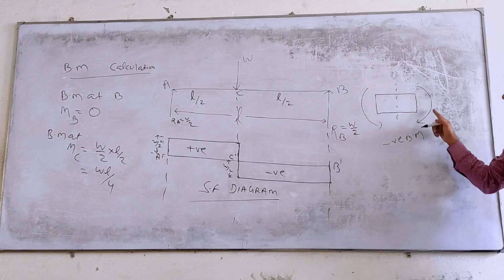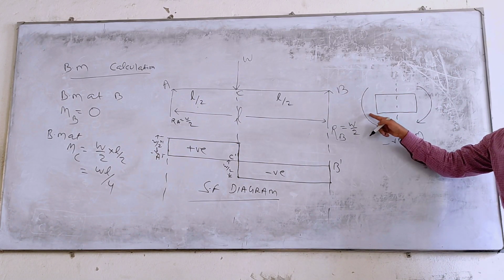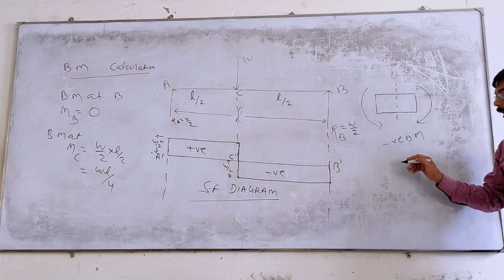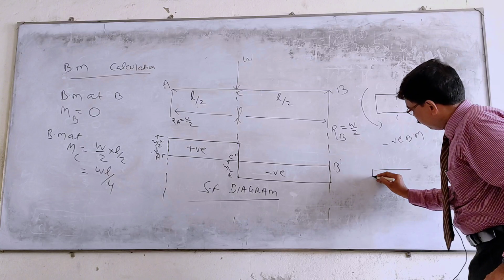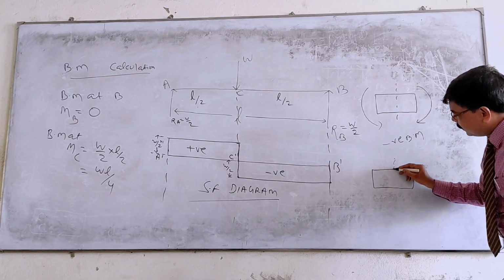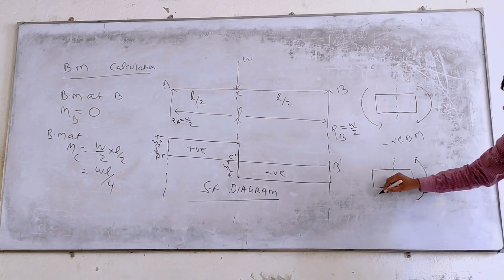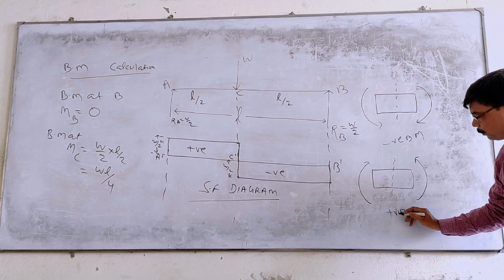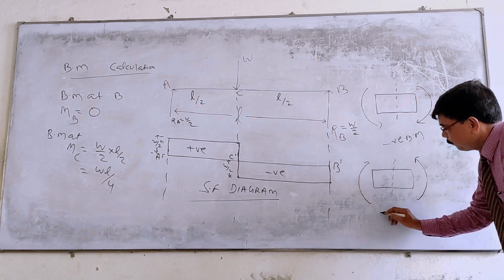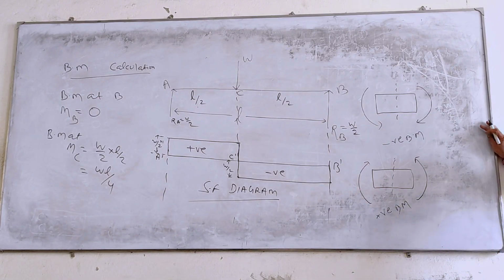Similarly, for the beam with this section, right of the section anti-clockwise and left of the section clockwise, it is positive bending. So this is the sign convention you have to remember. This is the bending moment sign.